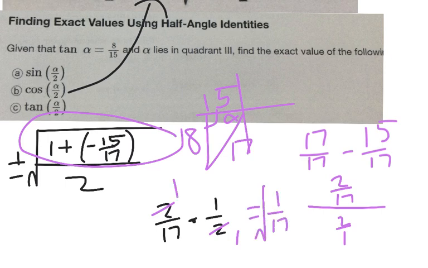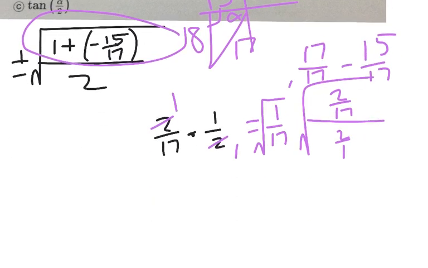And remember, this was all underneath the square root. I just ignored that to make it easier to do the algebra. So I've got the square root of 1 over 17. We still okay? Square root of 1 is 1. The square root of 17 is radical 17.